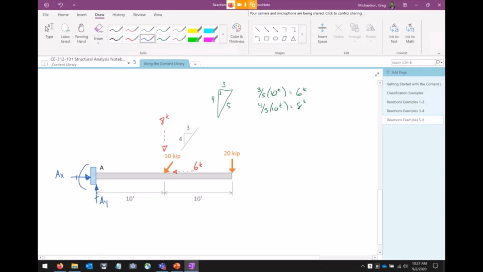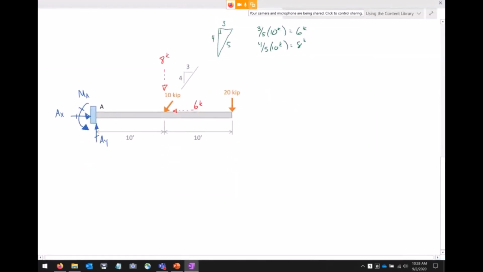I'm going to go ahead and assume that it's going this way. Again, it doesn't really matter. You can assume the other direction. And just like with all other reactions, if you assume clockwise and you get a negative answer, that means it acts counterclockwise. That doesn't mean that you did anything wrong. So, MA. Okay. All right, any questions?